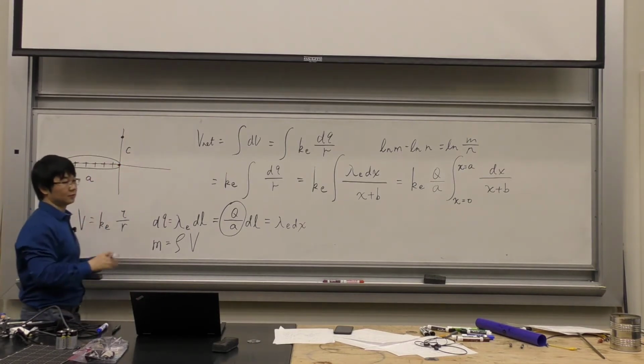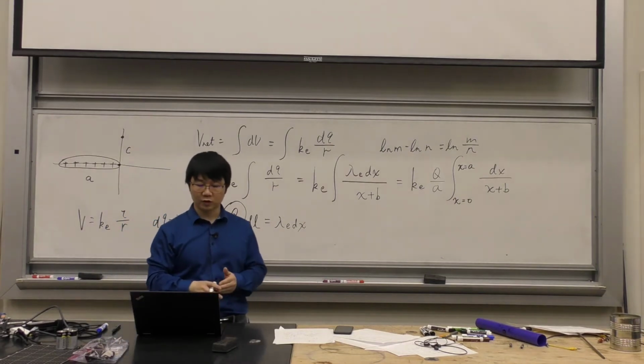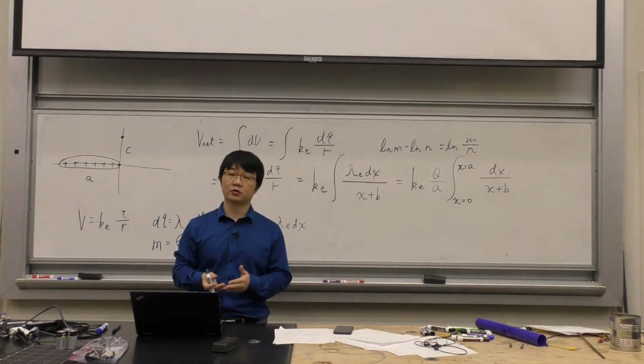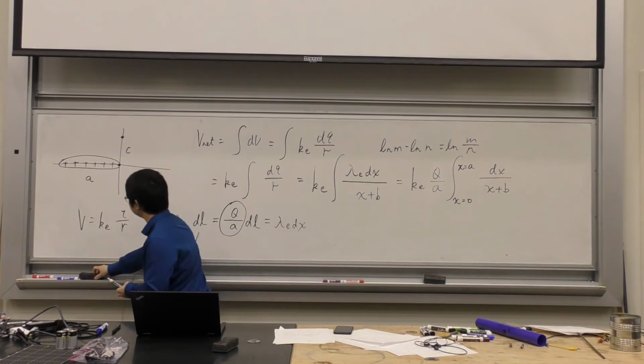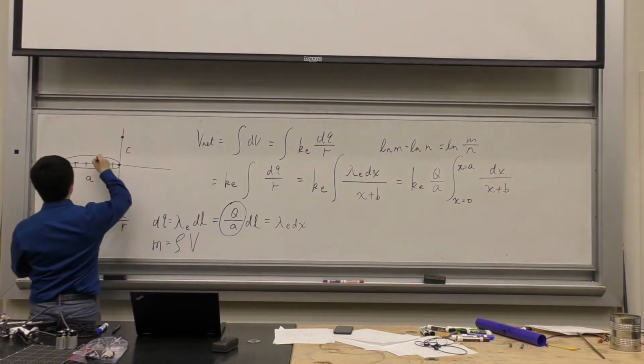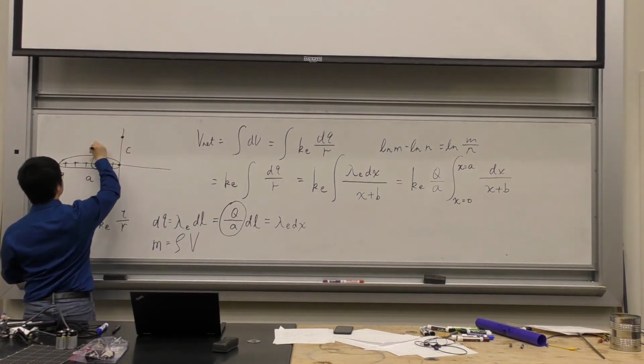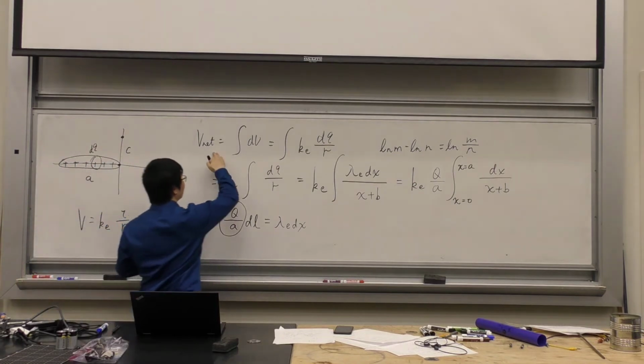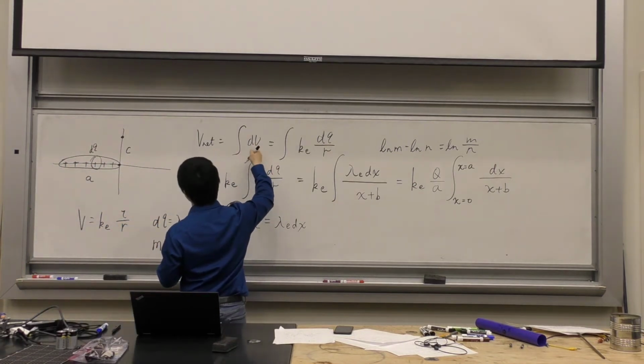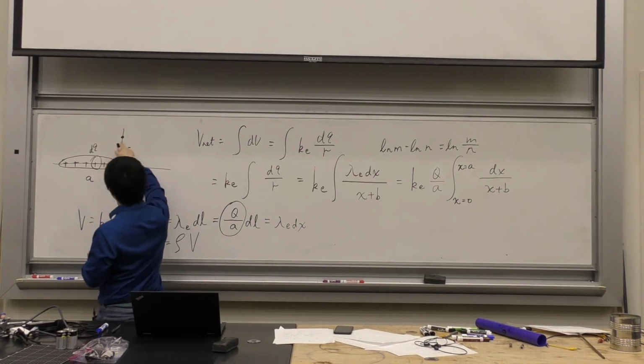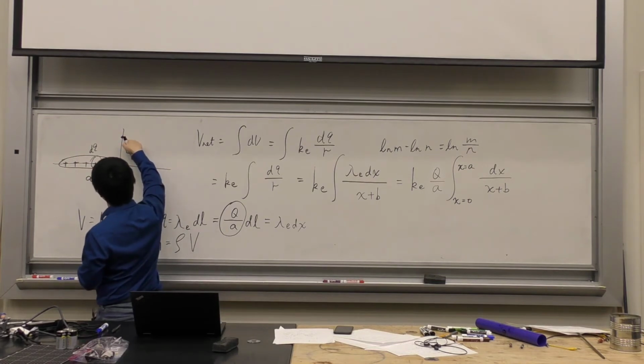This is still potential due to a continuous charge distribution. I'm still going to use the same theory. Pick a dq. I would have V equals the integral of dV. This dq is going to produce a potential here, I call dV.